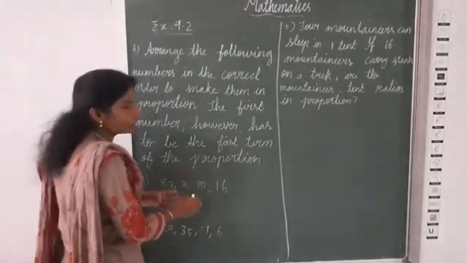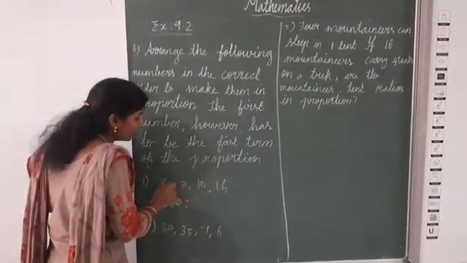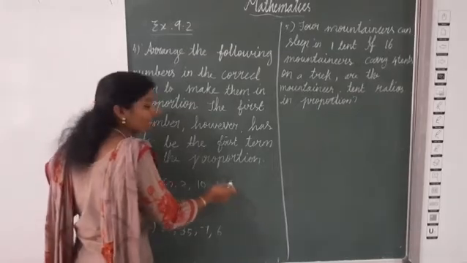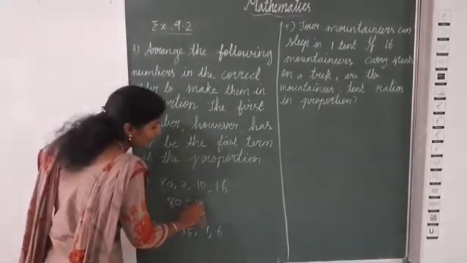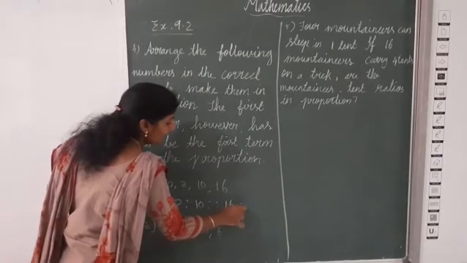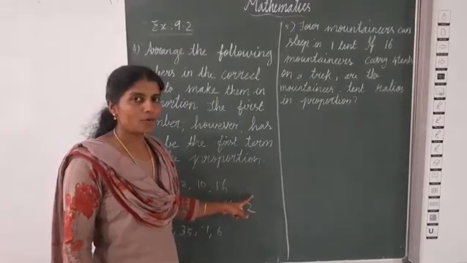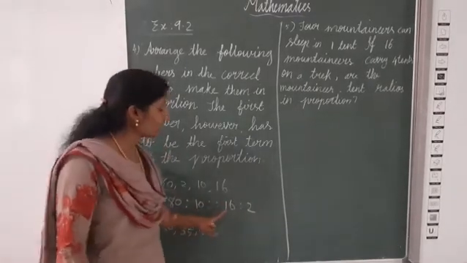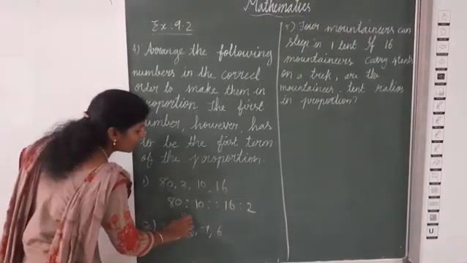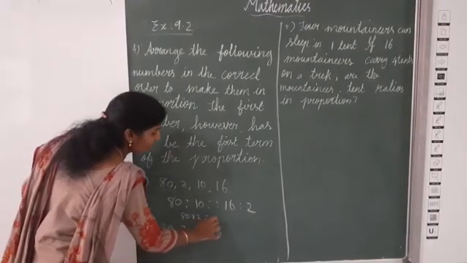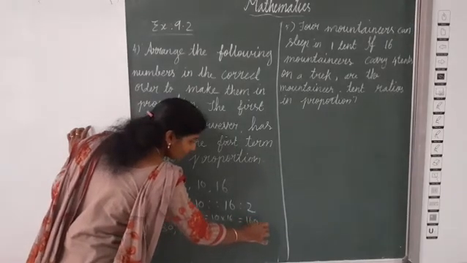If we arrange like this, we can't get it. So these 2 are the end terms, and then we will get that proportion form. So 80 is to 10 as 16 is to 2. Now listen, 80 into 2, product of extremes, equal to 10 into 16, product of means. Isn't it? 80 into 2 is equal to 10 into 16 equal to 160. Same value.